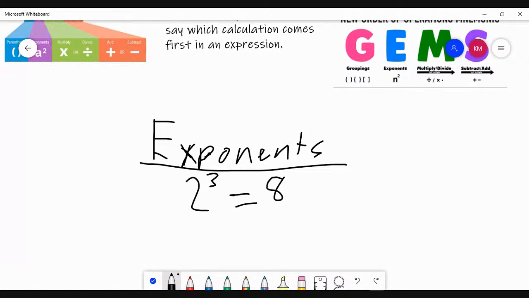Now, why is 2 to the third 8? 2 to the third is 8 because 2 times 2 times 2 gives me 8. Because 2 times 2 is 4, times 1 more 2, that gives me 8.